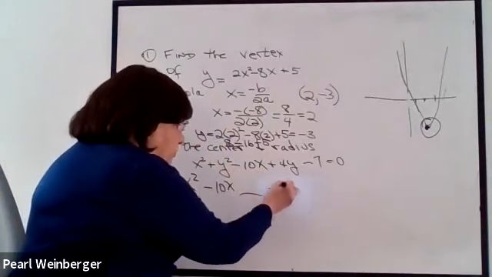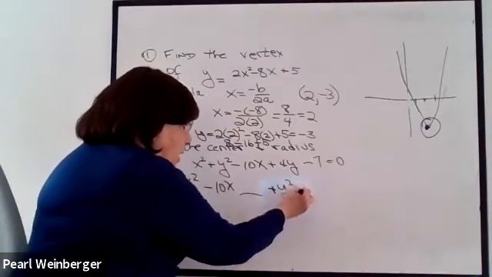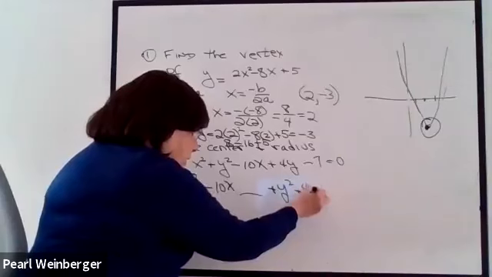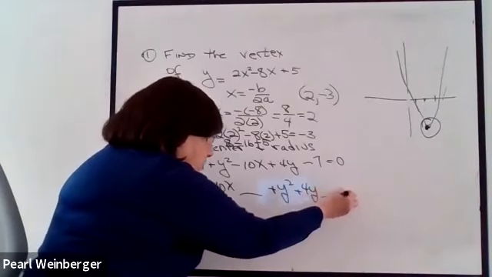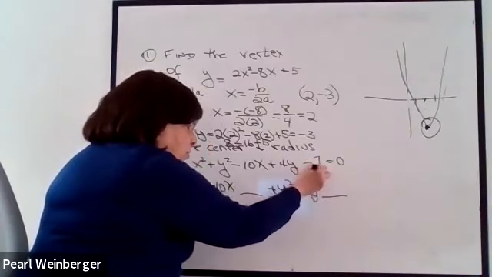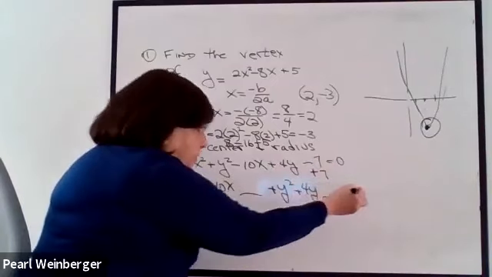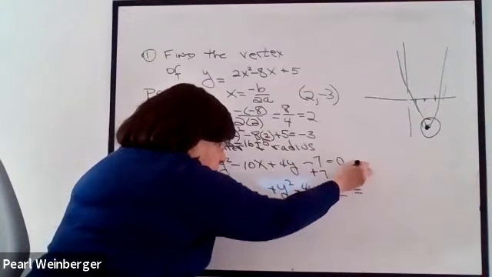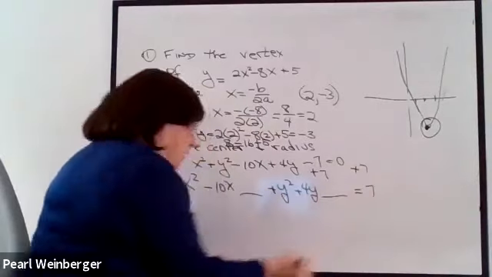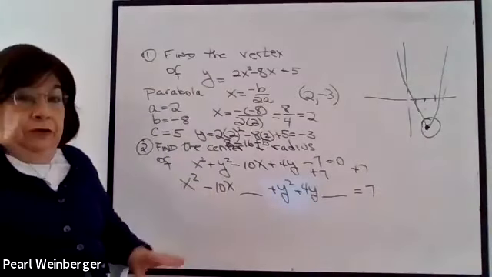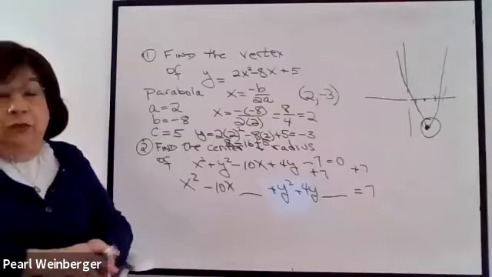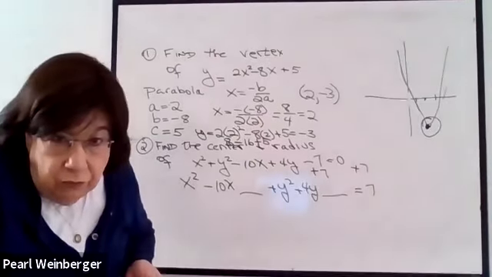So we have a y squared and a 4y. And we leave a space. And any other number that doesn't have an x or a y, in other words, any constant number, we bring to the other side of the equation. So that's our first step, to put this in what's called standard format.